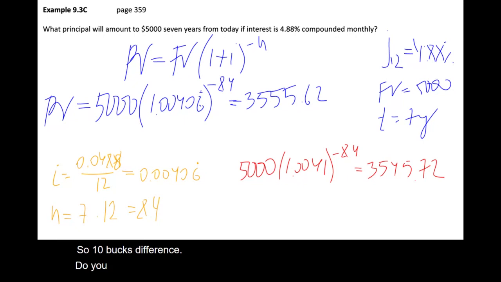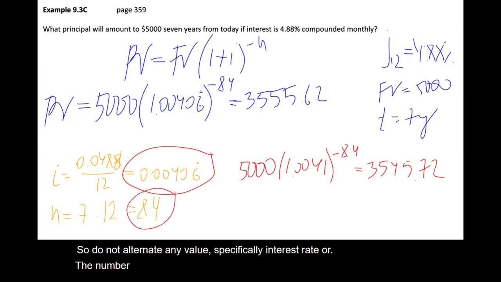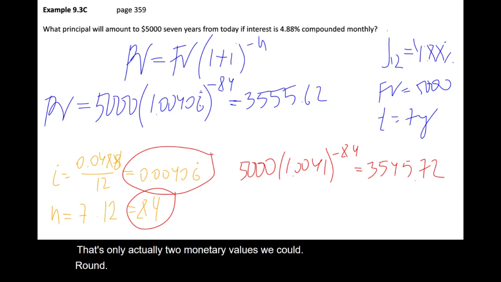Do you see that, people? So do not alter any value, specifically the interest rate or the number of compounding periods. Those are actually the only two monetary values we could round. Any questions, people?